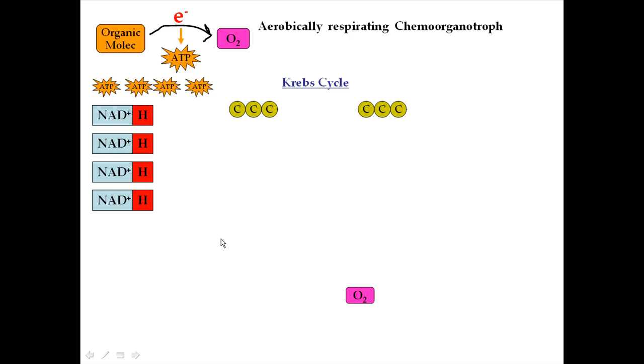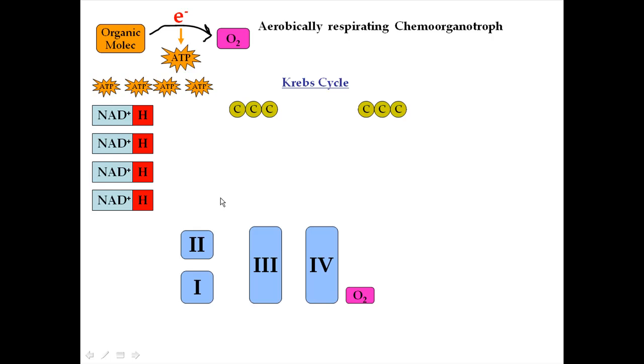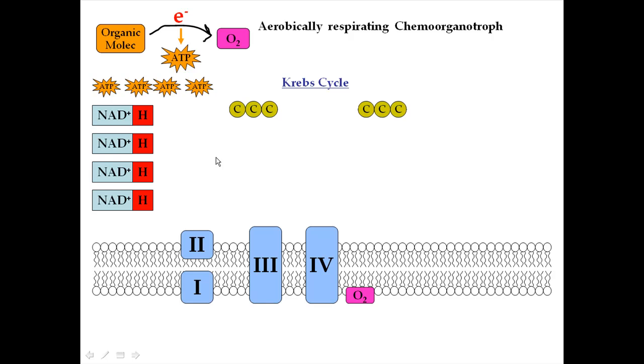You might remember that the electrons don't go directly to the oxygen molecule inside of the cell. Instead, they go to the oxygen via a series of molecules called an electron transport chain. These molecules that make it up are located within the membrane of the cell.